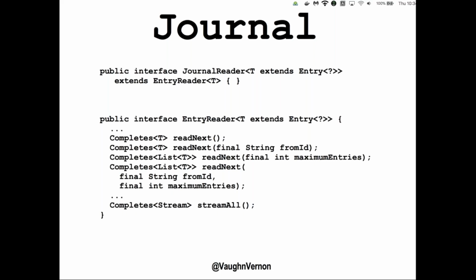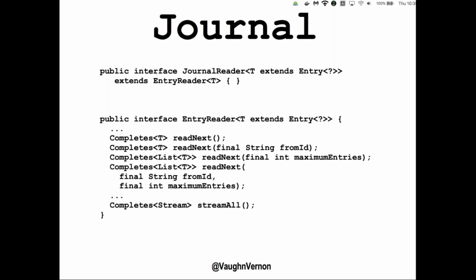In this case, if we're using JDBC, this from ID would be converted to a long, and then that long would be used to get the next identity in that stream. And then you can read next a maximum, so you can read up to n, which would be the maximum number of entries provided, or you can seek from ID and then read the next up to maximum entries from that.